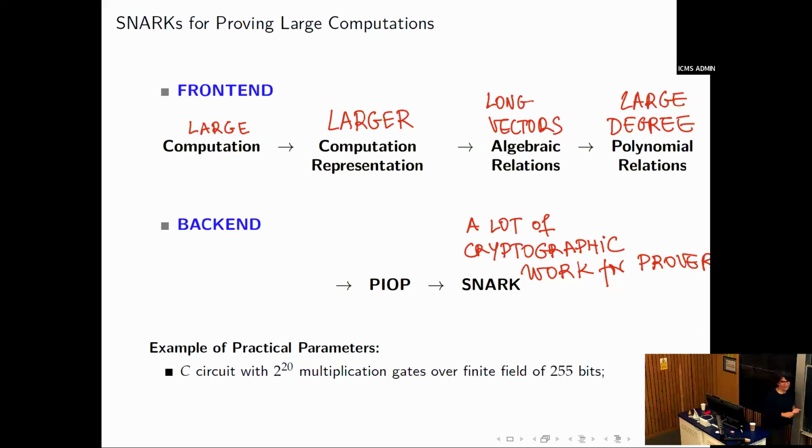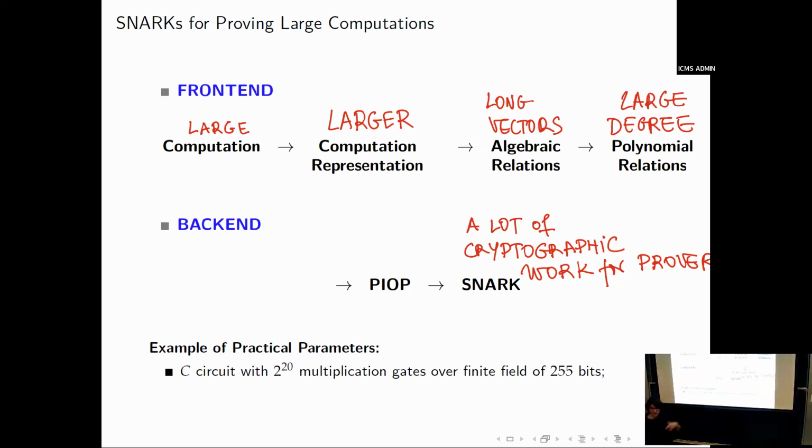So how do we think of the state of the art and what we need to do for SNARKs? Often the scenario is that we start with a large computation, then we write the computation in a restricted model, and we already have a blow up there. Because we originally wanted to do more operations and we have to write it in a way where the model is more restricted, and this means it is even larger. What does it mean?